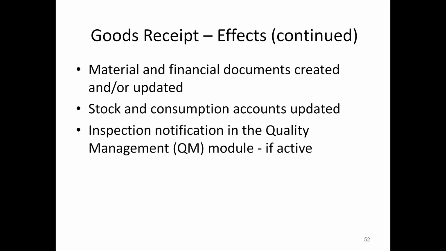And if the quality module is up, then the people in quality inspect the material and put the results in there, and then they give the usage decision whether they want to move the material into the unrestricted stock or not. If they want, they can move the material, they can scrap the material, or they can say this material is not good. Then we can return it back with 122. That is where the quality module comes in.